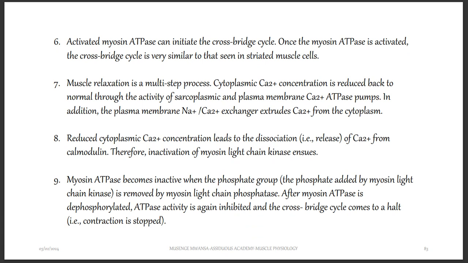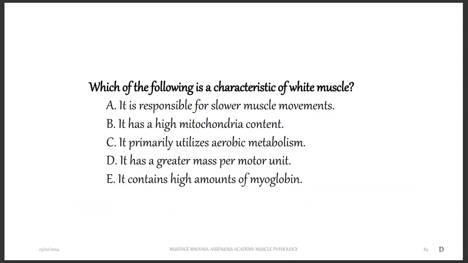Myosin ATPase will become inactive again when the phosphate group is removed by myosin light chain phosphatase. Remember, the myosin light chain kinase was adding a phosphate, phosphatase is removing the phosphate. After the myosin ATPase is dephosphorylated, ATPase activity is inhibited and the cross bridge cycle stops.